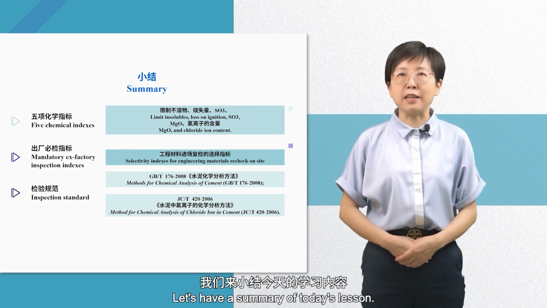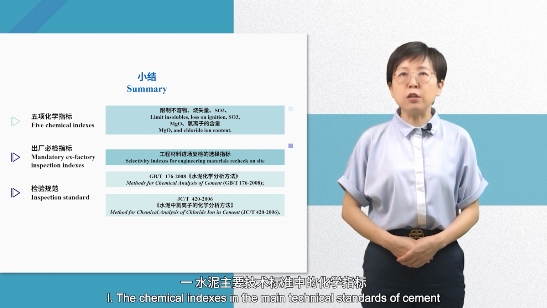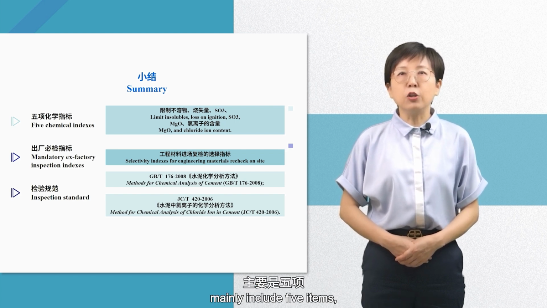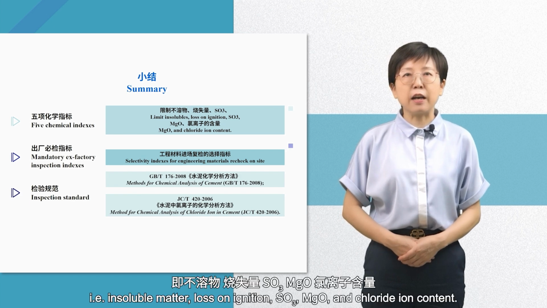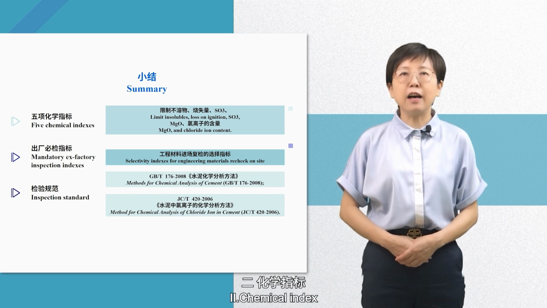Let's have a summary of today's lesson. 1. The chemical indexes in the main technical standard of cement mainly include 5 items. That is, insoluble matter, loss on ignition, SO3, MgO, and chloride ion content. 2.